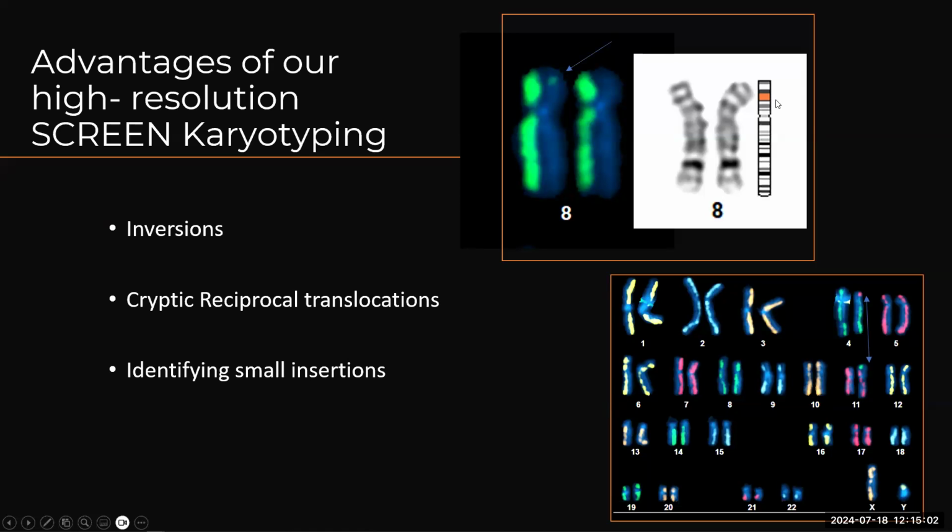So that is one huge advantage, and it's pretty cool to see in this example. Other ones involve cryptic reciprocal translocations. You see the 4p and 11p being involved. That would be pretty difficult to detect in a G-band assay. So these are some of the advantages over G-banding.